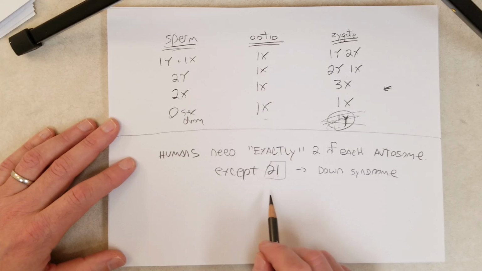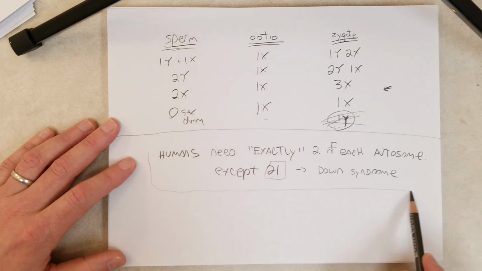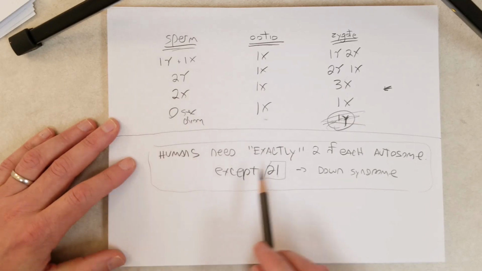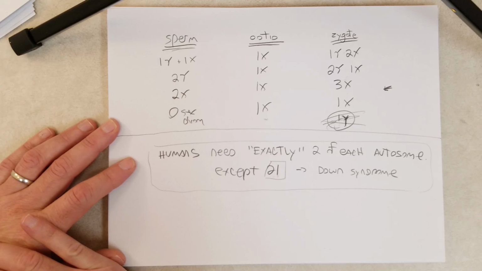So every other autosome, if humans only have one of those or have more than 2, those are lethal. So those are lethal combinations. So humans need exactly 2 of every other autosome. I think there is, what is it, chromosome 13 and 15, I think, where humans can be born with an extra one of those, but I think they die shortly after birth.